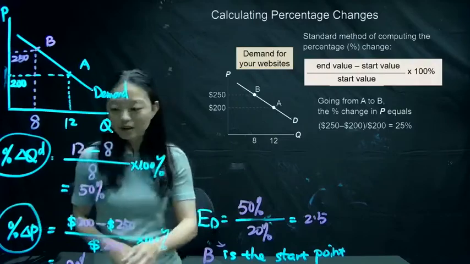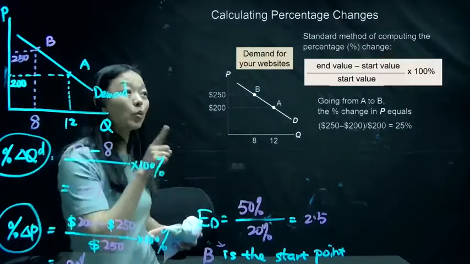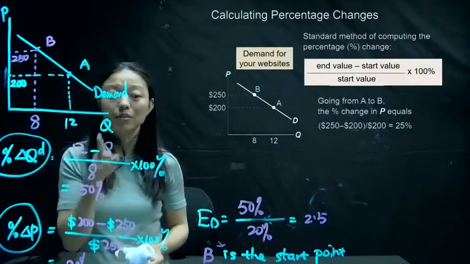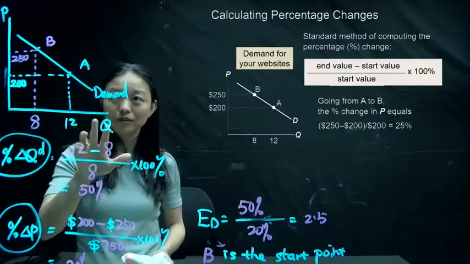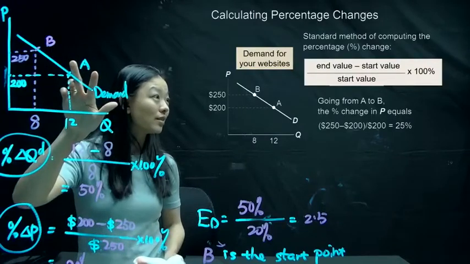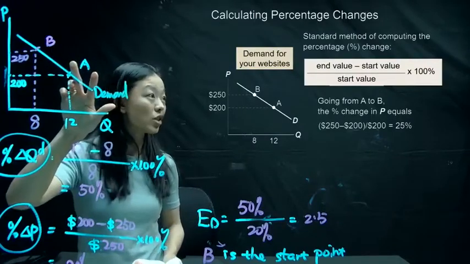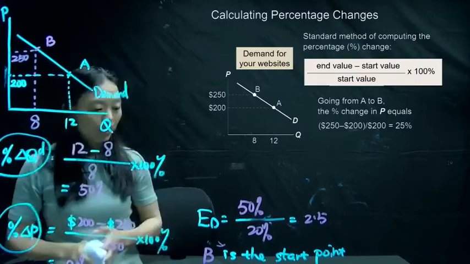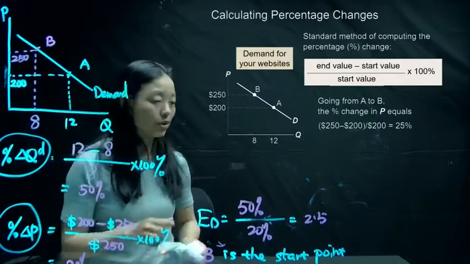Therefore, we will use another way to compute the price elasticity of demand if the question doesn't tell you the percentage change directly. We will use the midpoint method.